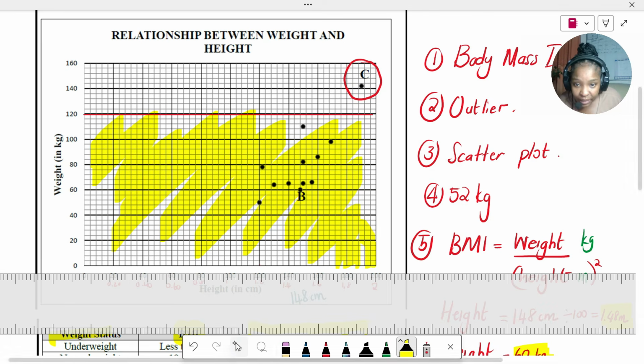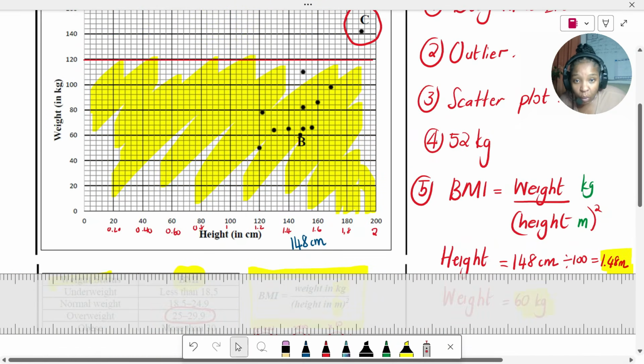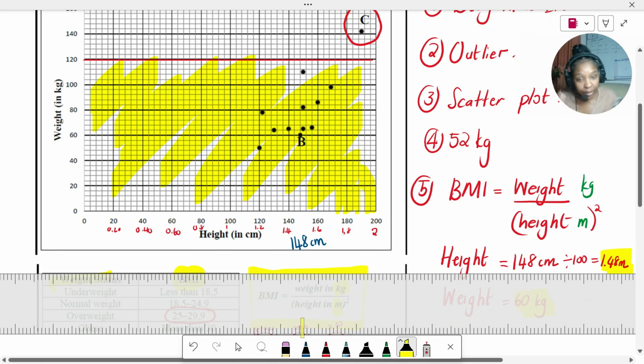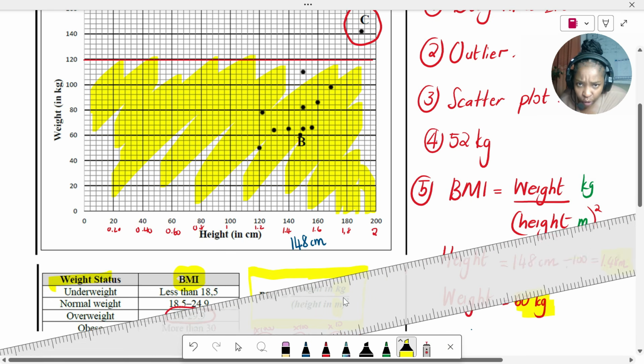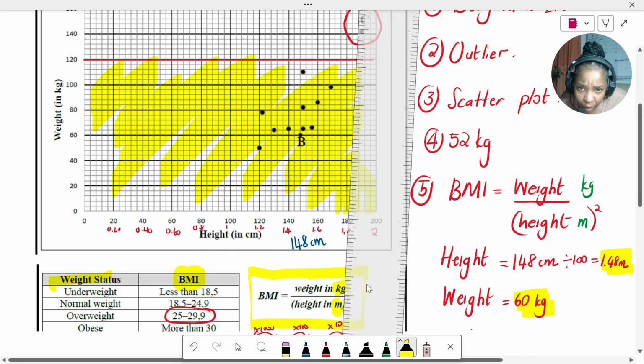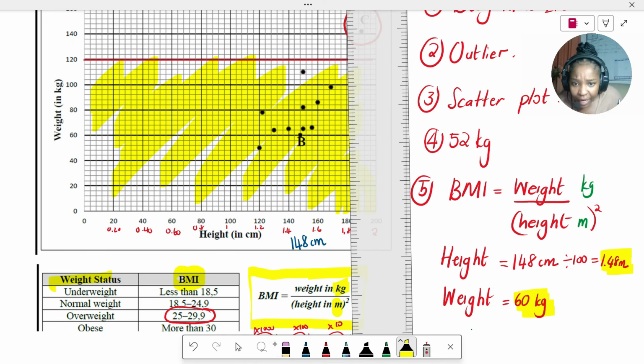And shorter than 1.5. Remember, we've converted all these units on our horizontal axis to meters. So if you're shorter than 1.5, what does that mean? You're going to go to this line, to 1.5. Now we need to figure out where 1.5 is. Let me remove the coloring so that we can focus on what's happening here.